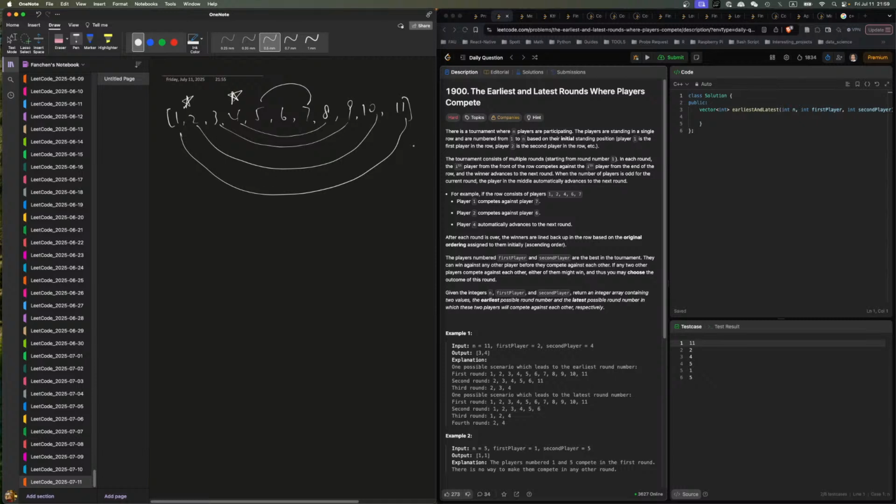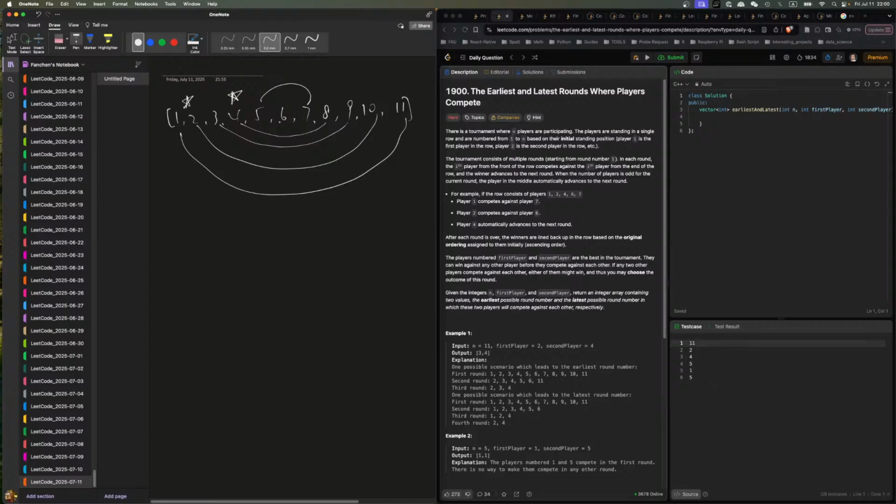So deciding who will win decides where we will place, because if we want to delay them from meeting each other, we need to put them on the same half. If we want to accelerate them meeting each other, we need to put them on opposite sides, right?